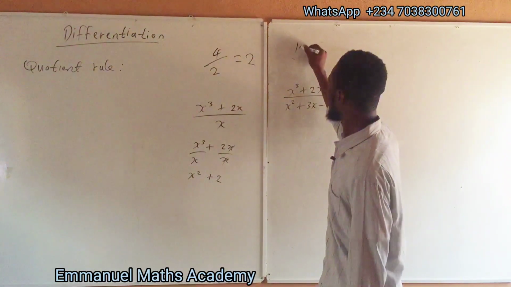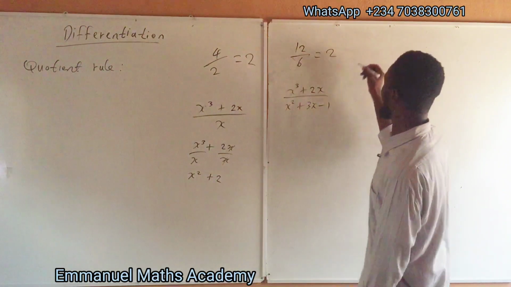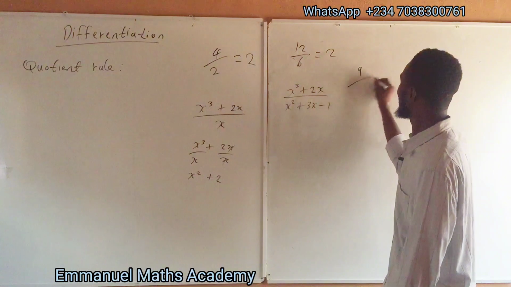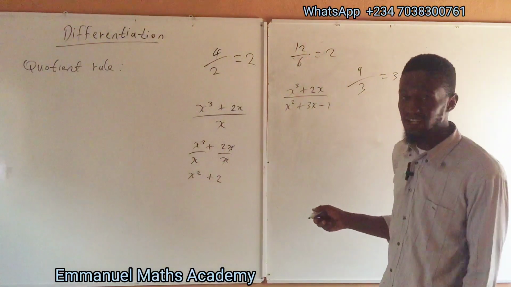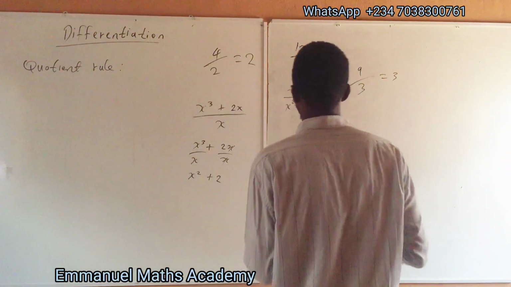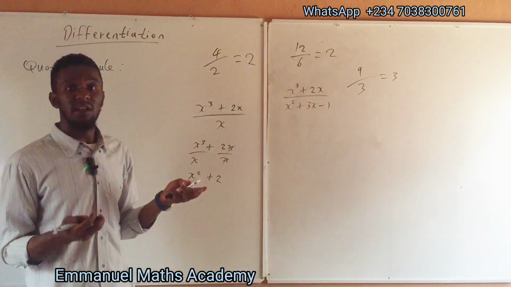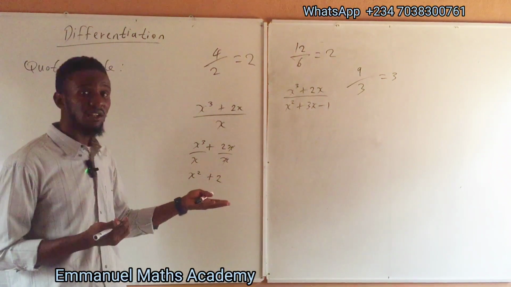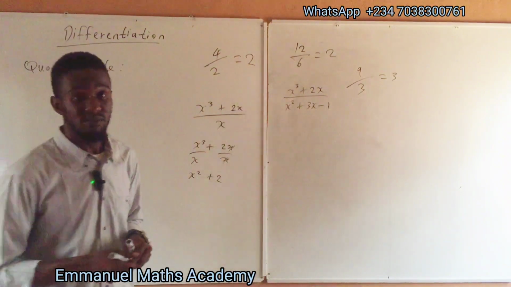The quotient of 12 over 6 is 2, and the quotient of 9 over 3 is 3. Is that correct? So on that note, we use quotient rule when we have two functions dividing each other. Is that clear?